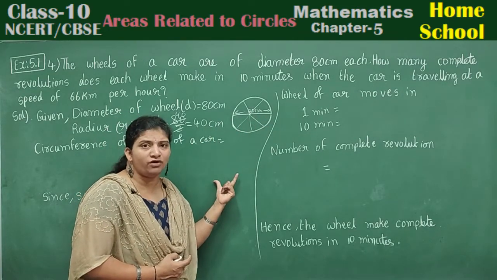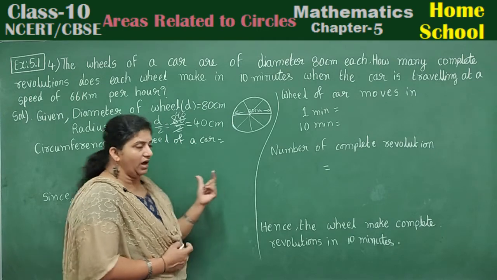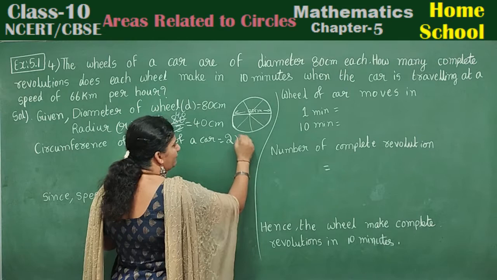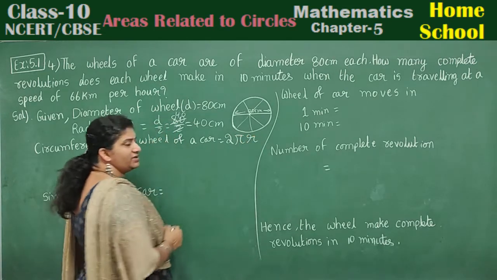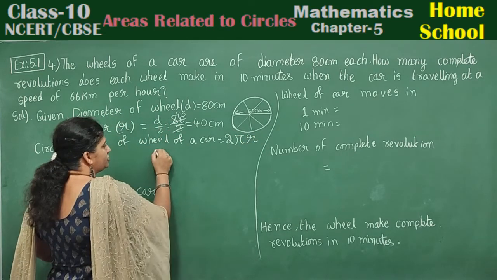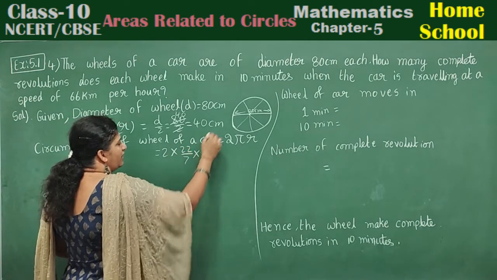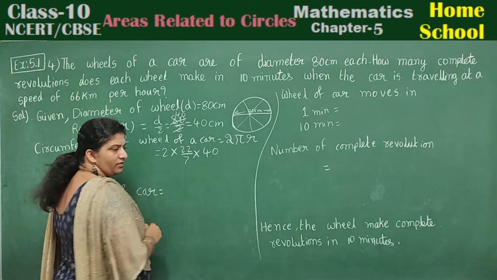Circumference of a circle formula is 2 pi r. Wheel of a car is in circular shape. Therefore, I write circumference as 2 pi r. Substitute: 2 into pi value, 22 by 7, radius is 40.